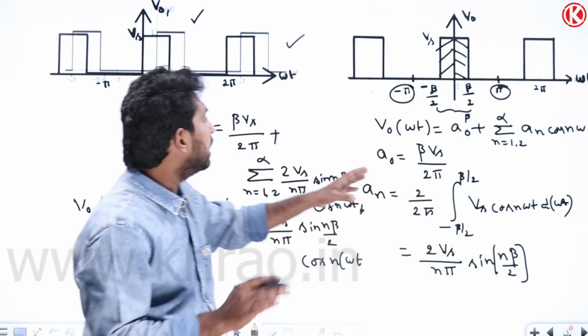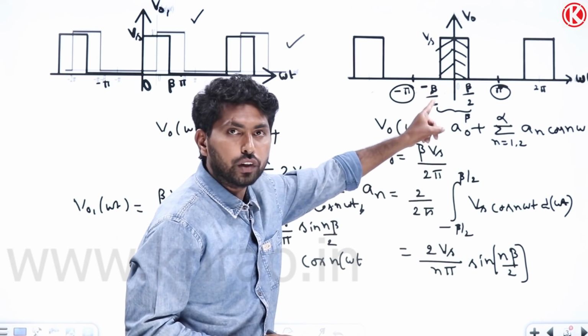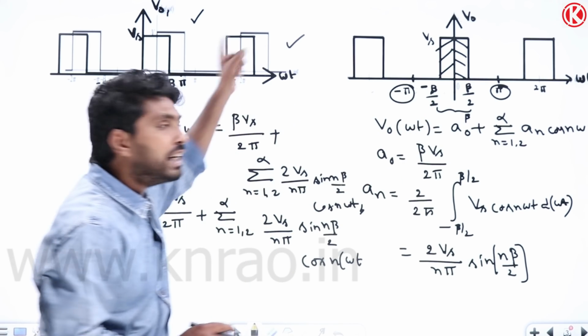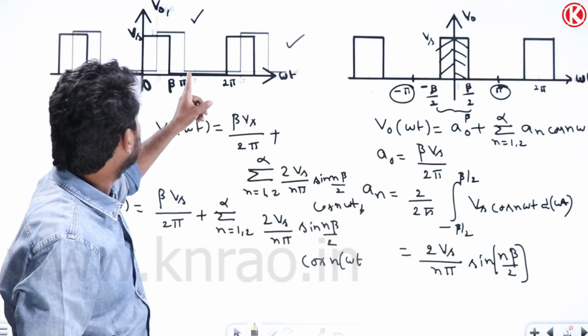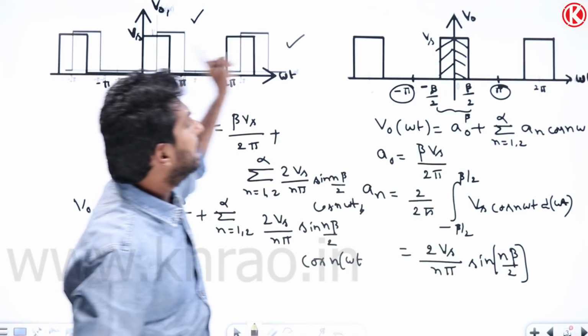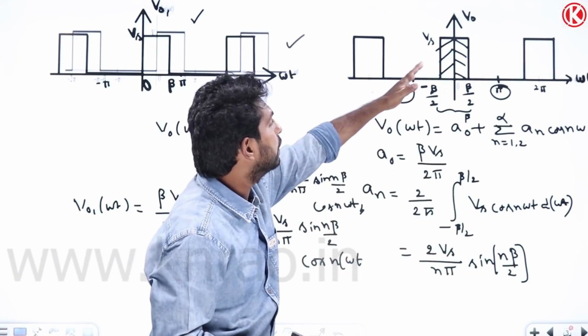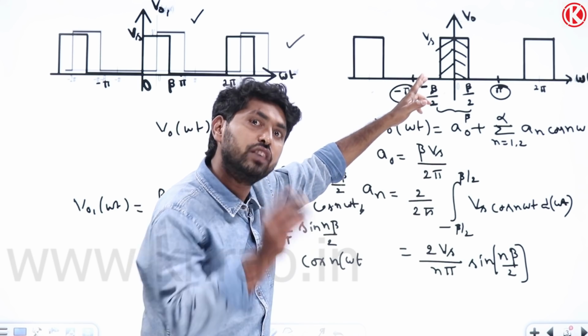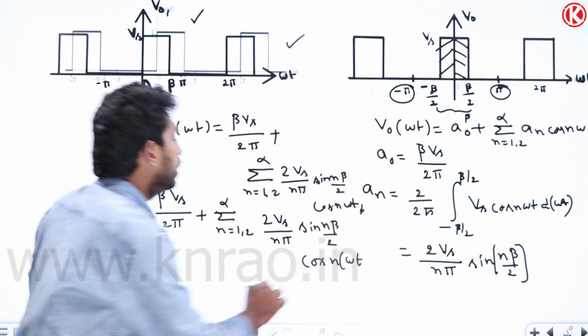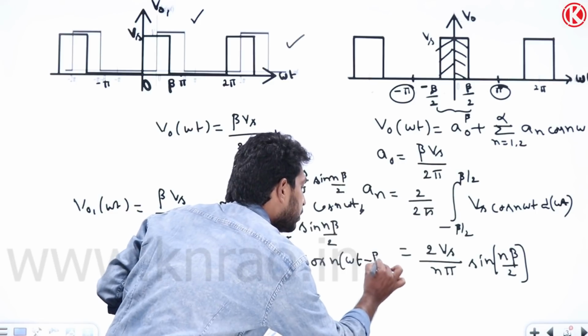We wrote the expression for this waveform, and we need the expression for the other waveform. V naught 1 lags the V naught waveform by beta by 2, so it will be minus beta by 2.